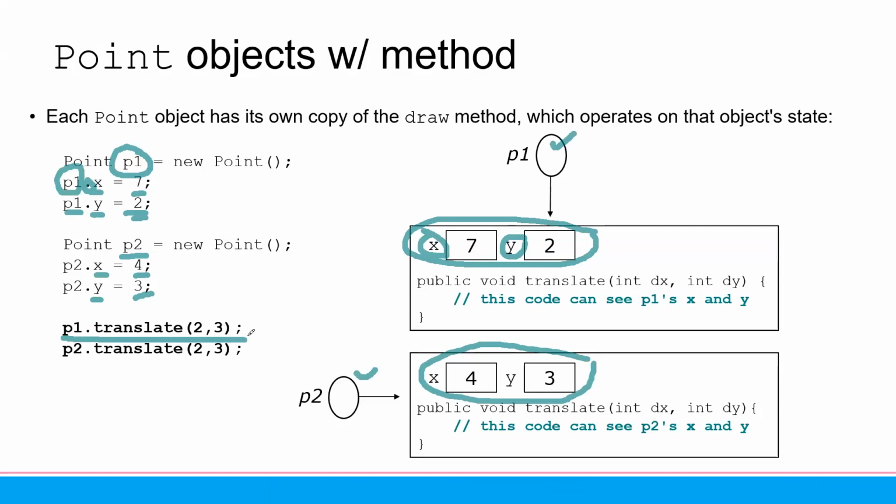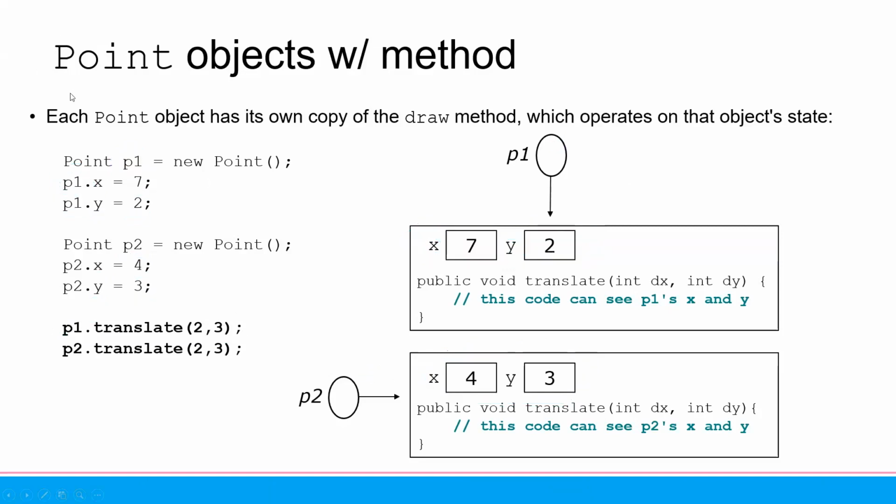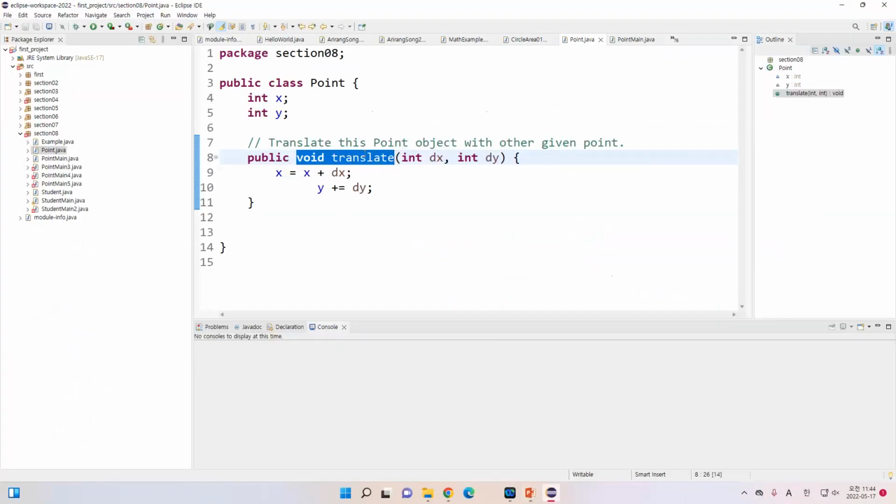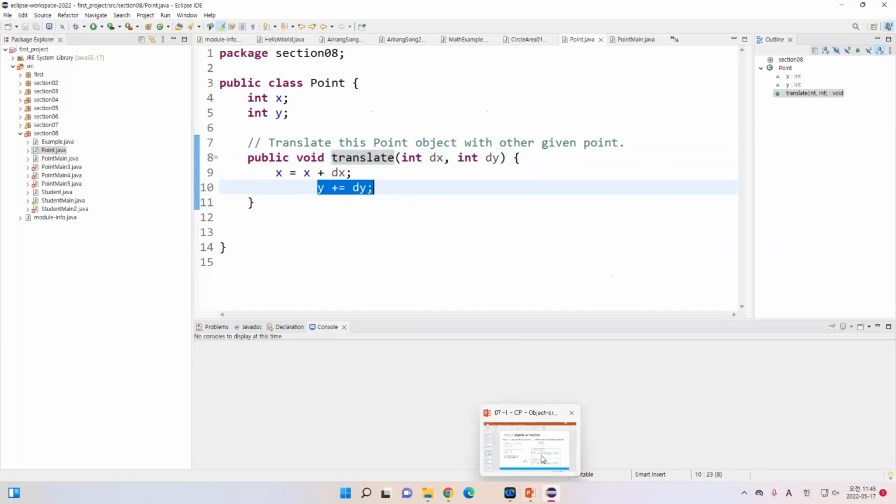What does it mean? If I already have this translate, the first parameter is dx and the second parameter is dy. We have x equals x plus dx, and then y plus equals dy. Then what will be the result?